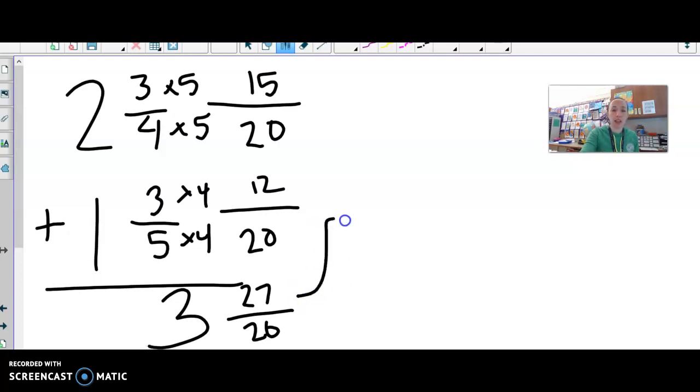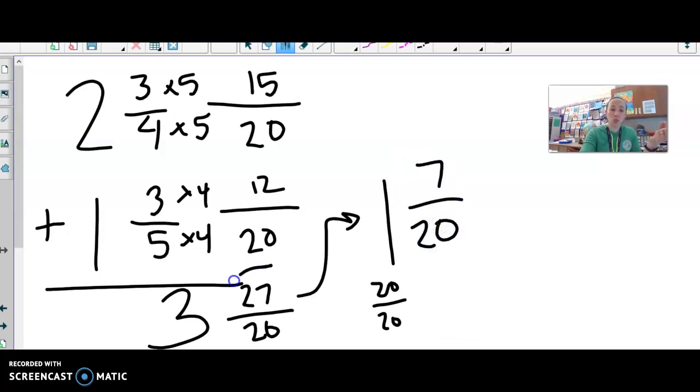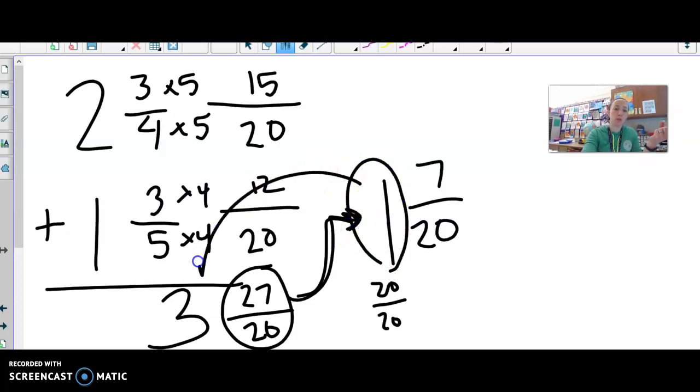I just want to take this and turn it into a mixed number. 20/20 is 1 whole, right? That's 20/20. I'm still going to have 7/20 extra. So just this part turns into 1 7/20. So then I carry this 1 over with my other whole. So I get 4 total wholes and 7/20.